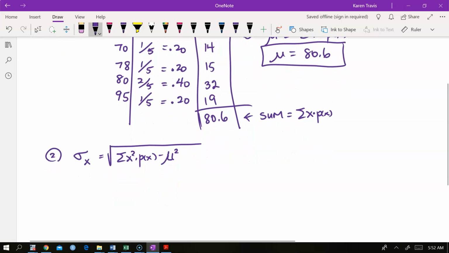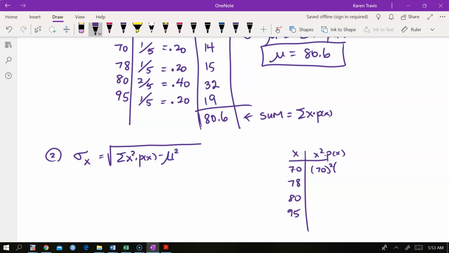So let's make x squared p of x over here. So just as a note, here's what the x's were that line up with this. But x squared p of x comes from 70 squared times a 20% chance. Remember that p of x itself isn't squared.